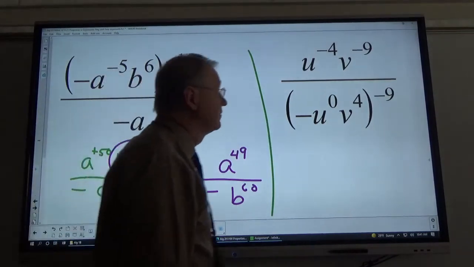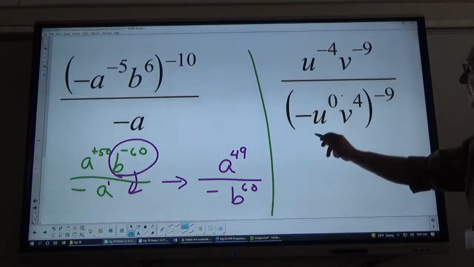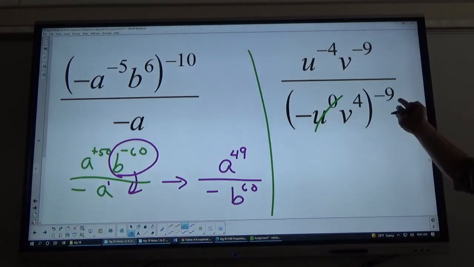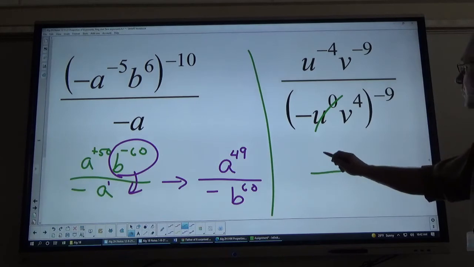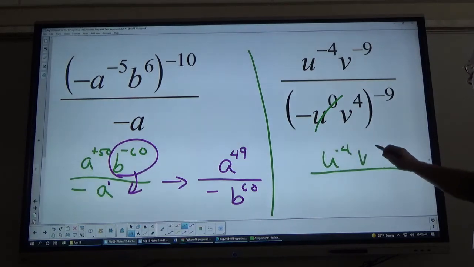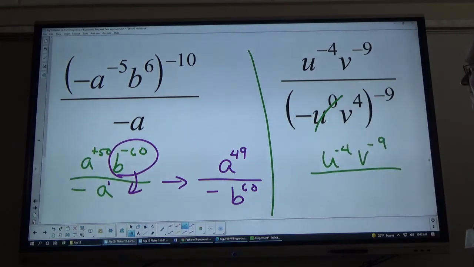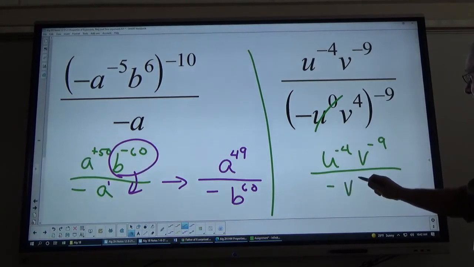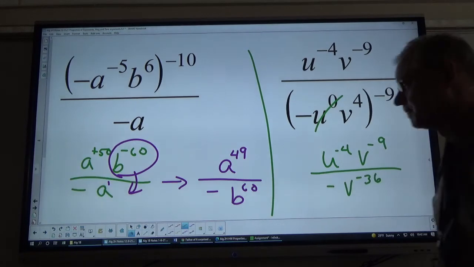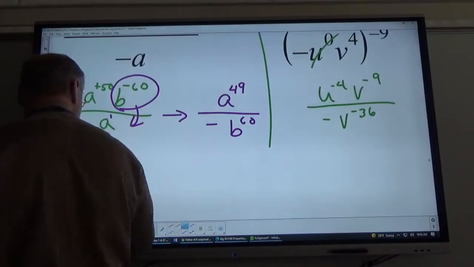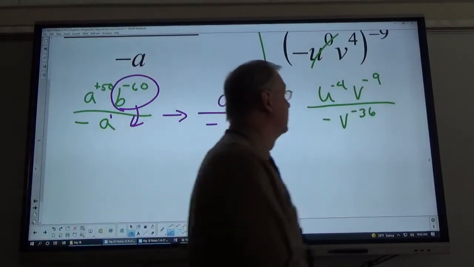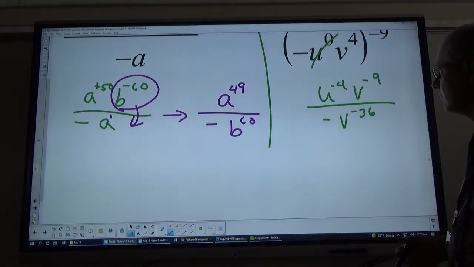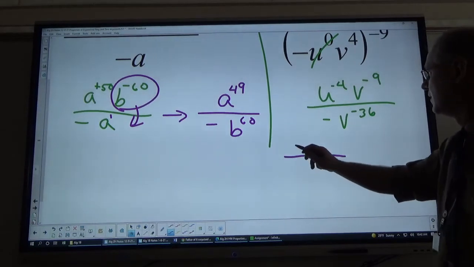Let's just separate these. All right. That's going to be a 1, so I don't have to worry about that. I'm going to apply the -9 power. U to the -4, V to the -9. I've got a negative V to the -36. Let's move all of the negative powers around so that we only have positive powers.